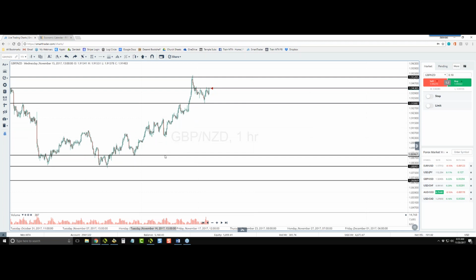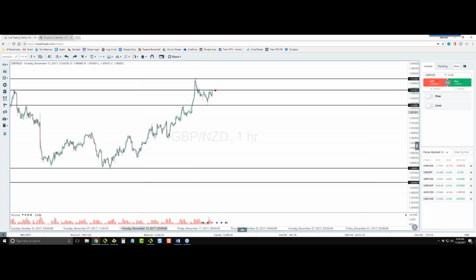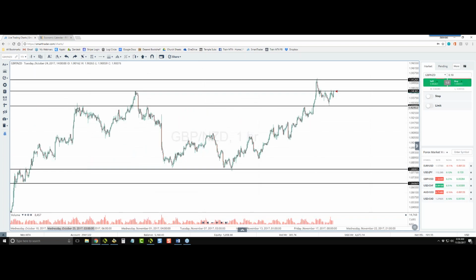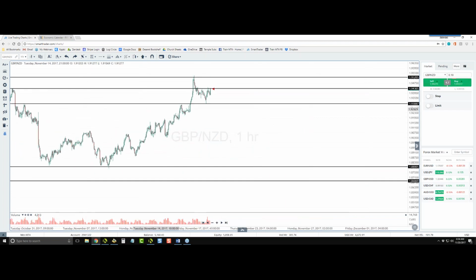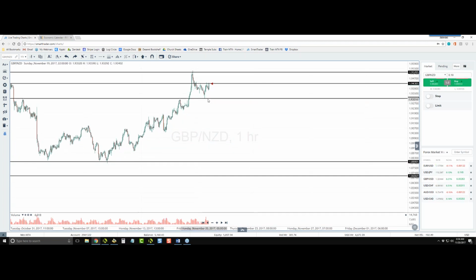Let's take that one out. This level was tested quite a few times, as we saw already, because it was a resistance line and then it became a support, and then resistance again, and then a support. I'm going to leave that line in place for right now.